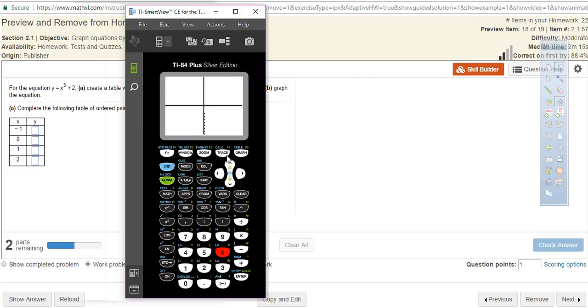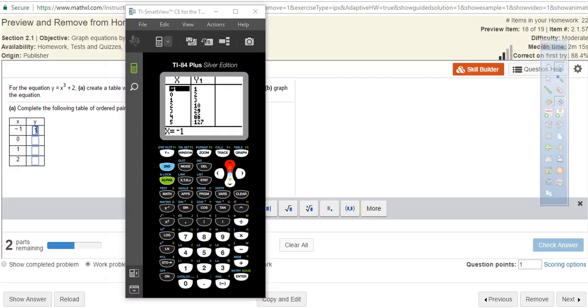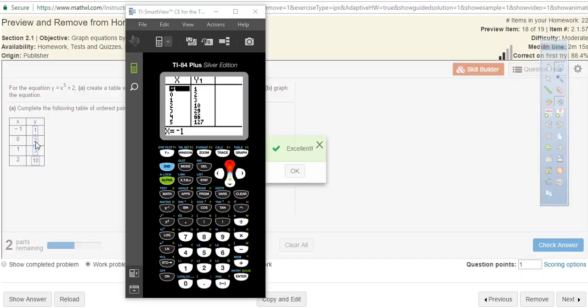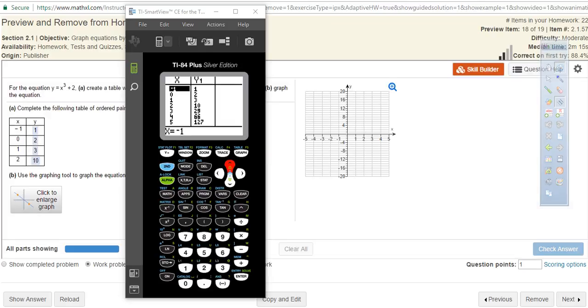We go to our table to get our values. We're looking for -1. So at -1, we get 1. At 0, we get 2. At 1, we get 3. And at 2, we get 10. Check that. Good job. So now we're ready to graph. We already saw from our graph that we have the little S guy.